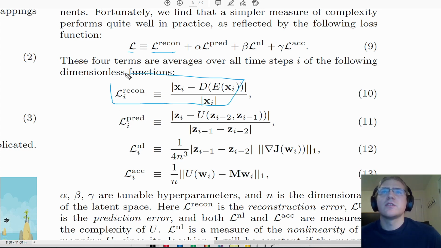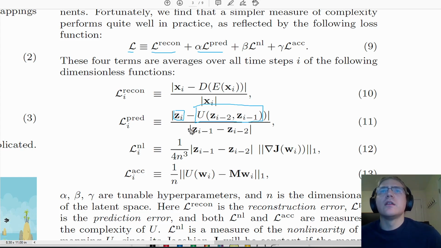So, standard stuff there. Then the prediction loss of that evolutionary operator. This is the current latent space vector minus the predicted current latent space vector that you get from the previous two.